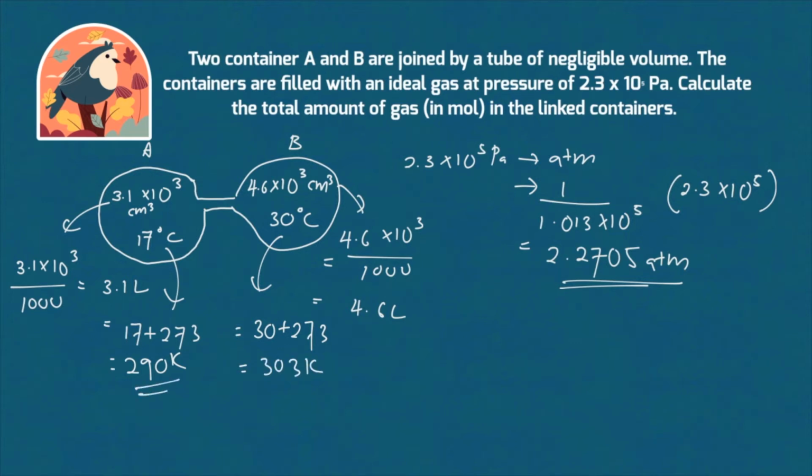So now all of the values have been converted to units that can be used. Now we can get the total amount of gas, in mole, for both containers. We need to find the number of mole for each container, and then we are going to sum them.